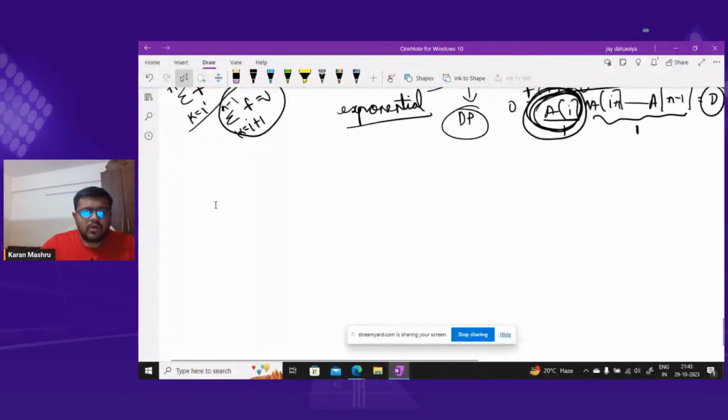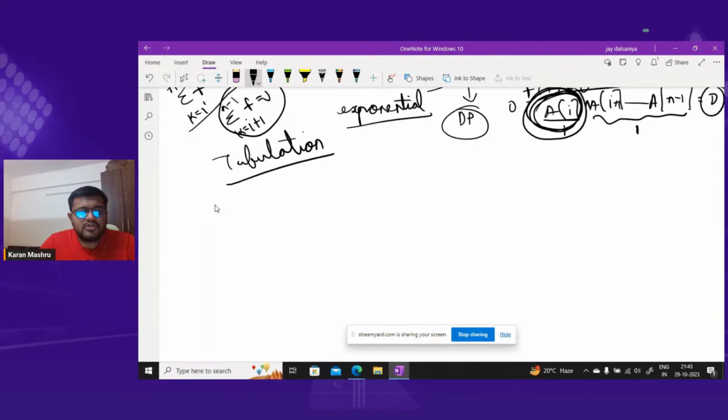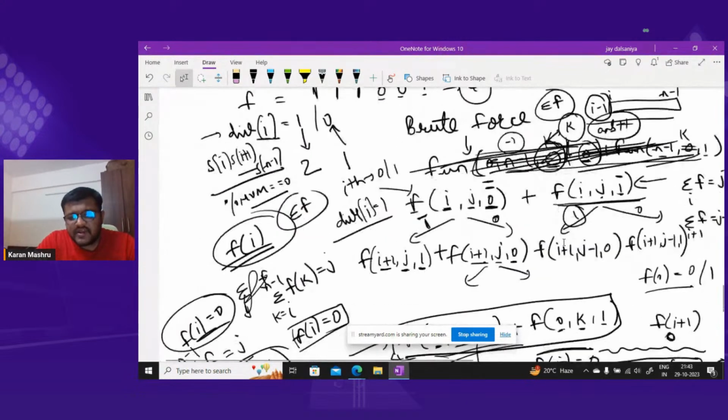So now I want to use the tabulation method where I can fill the table. Basically, I can fill the table using this relation. f of I, j, 0 is nothing but f of I plus 1, j, 1 plus f of I plus 1, j, 0, and f of I, j, 1 is nothing but f of I plus 1, j minus 1, 0 plus f of I plus 1, j minus 1, 1.